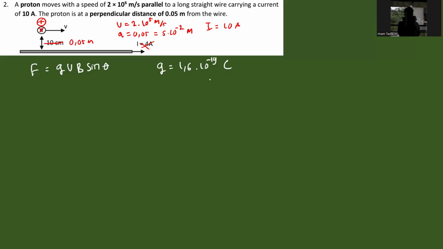It's equal to the electron charge, but different in sign. If the electron is minus, the proton will be plus. The plus and minus will influence the direction of the magnetic force itself.